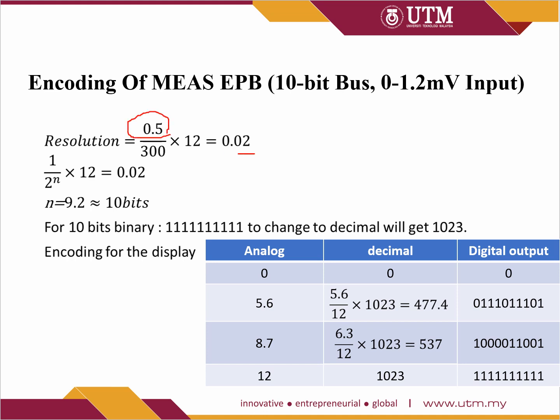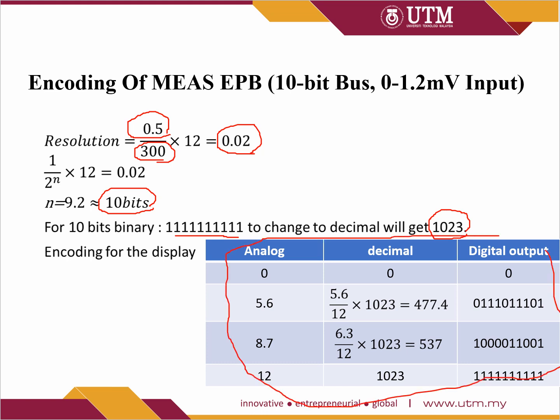From that we get the resolution, with 300 as the maximum pressure in bar, and we get 10 bits from the resolution. From the 10-bit binary number we get the decimal number 1023, and then we use this table to get the digital output code.